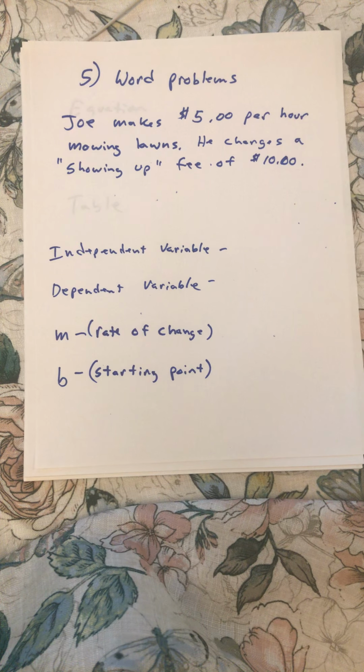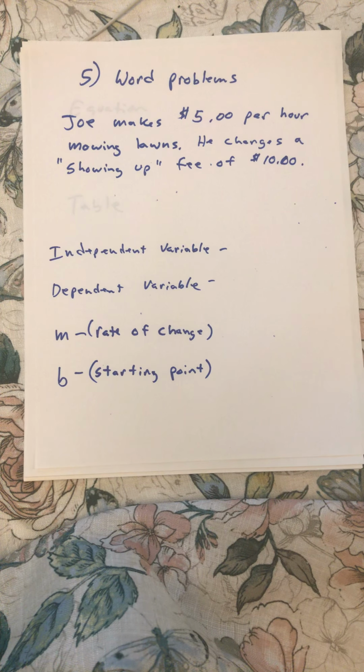What we have to do is read the word problem, and right here it says Joe makes $5 per hour mowing lawns. He charges a showing up fee of $10. So the ultimate question, which I forgot to write down, is how much money does he make when he works blank hours? The amount of hours it takes for him to mow a lawn will range, depending on the size of the lawn, if there's a bunch of trees in the way, things like that.